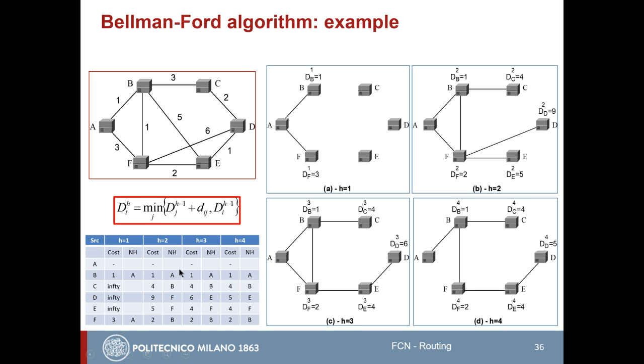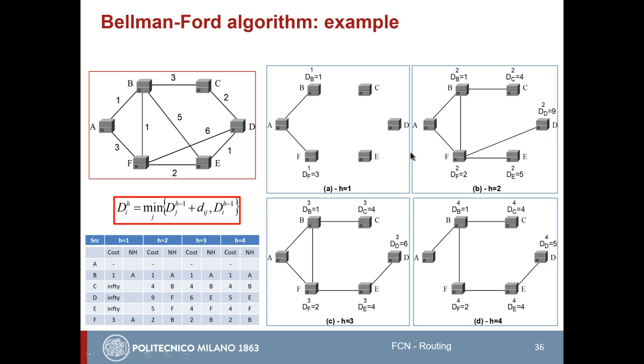And for example, if we take node F, node D. In step 2, node D is at a distance 9 and is connected to F, so it's reachable through F. So the path from A to D is this one.